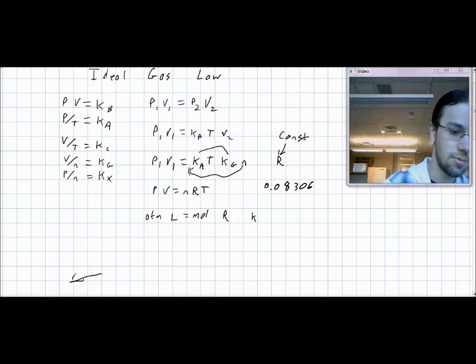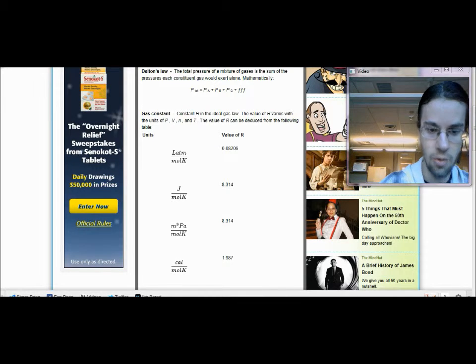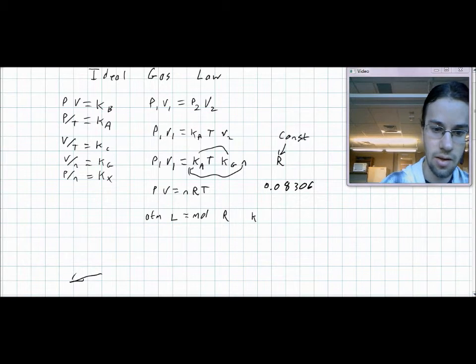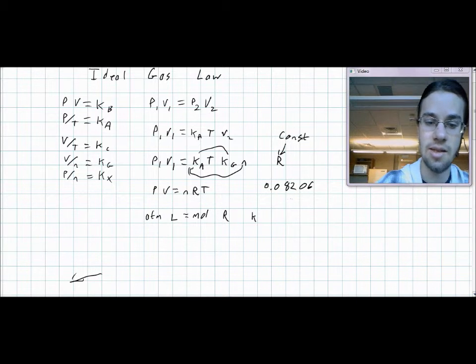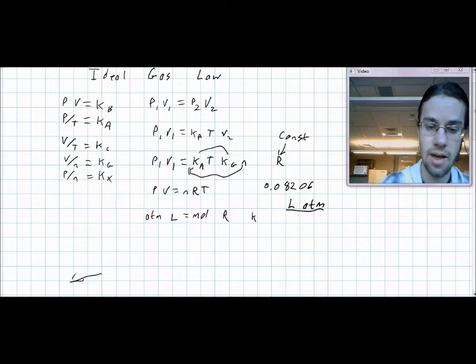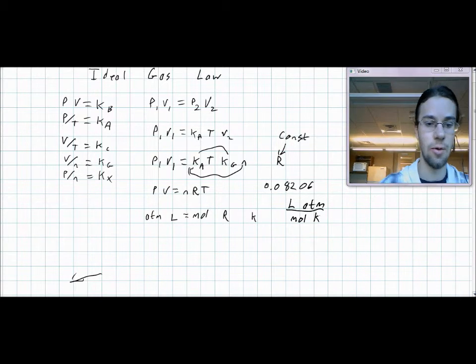Of course, I can just pull it up real quick. Oh, it's 2. So it is 2 here. Do not follow the 3. It is 2. Now it is liters times atmospheres divided by mole Kelvin. That is the units for it.